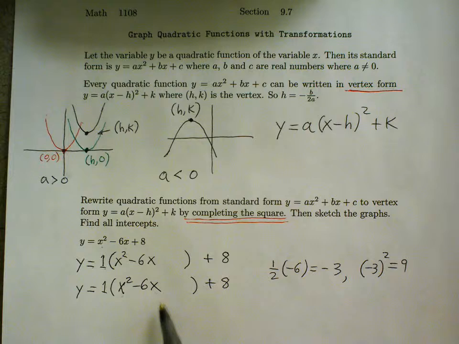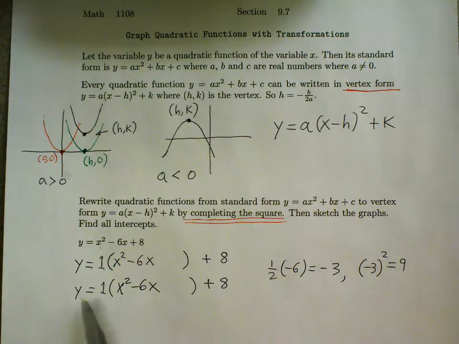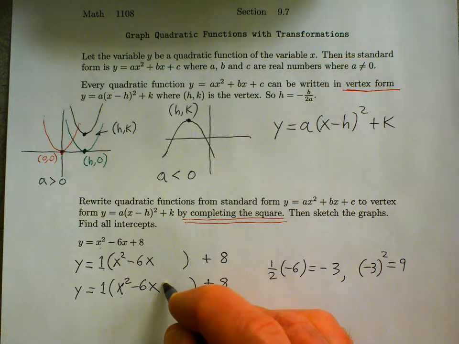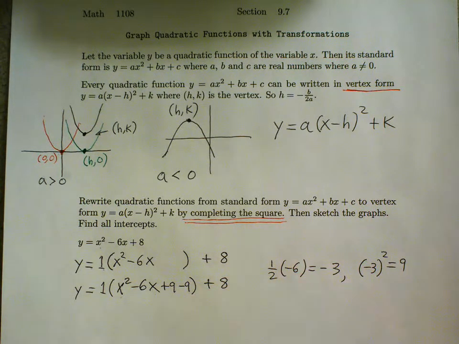But we don't want to change the meaning of the quadratic function, so we're going to write +9 -9. In other words, we're adding 0. If you add 0 to something, you're not changing its value. Here we're just changing its form by adding 0 in the form +9 -9.